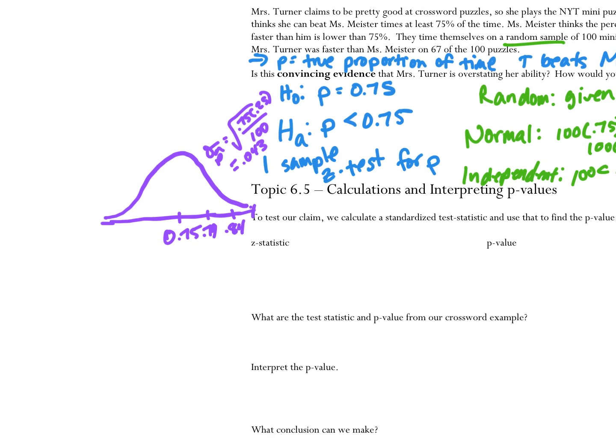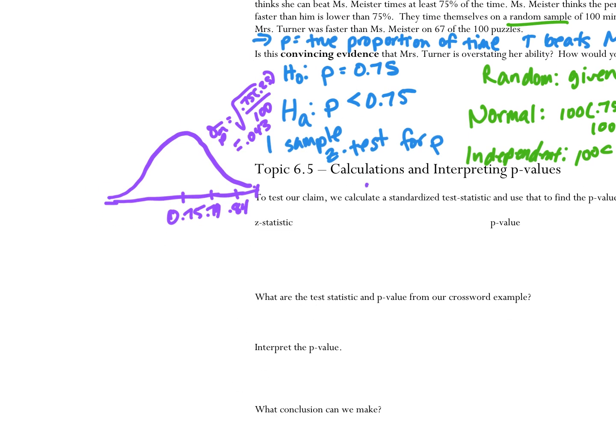And what is our sample, by the way? What is our p hat? 67 out of 100. So 0.67. You guys, that'd be like right about here, yeah?